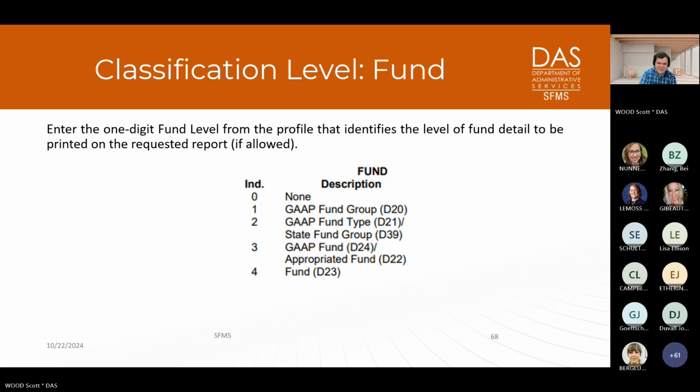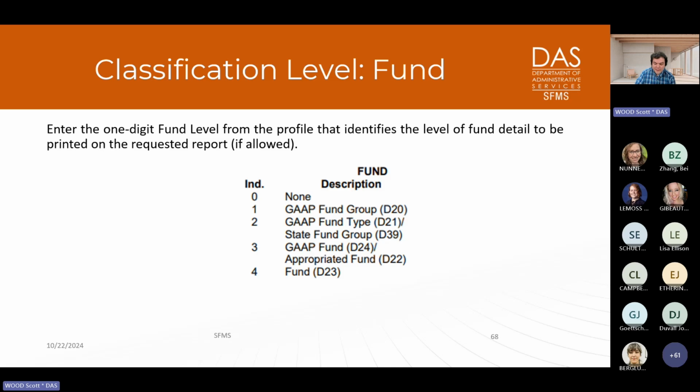Indicator 2 refers to GAAP fund type and state fund group. So depending on which one you use, you might need to look at the D21 or the D39. And for indicator 3, you might need to look at D24 or D22 for the GAAP fund and appropriate fund.